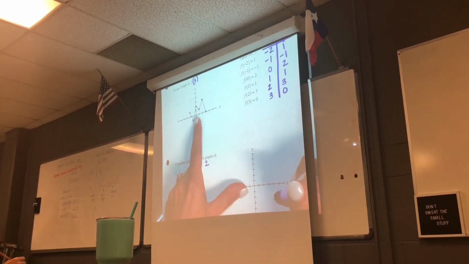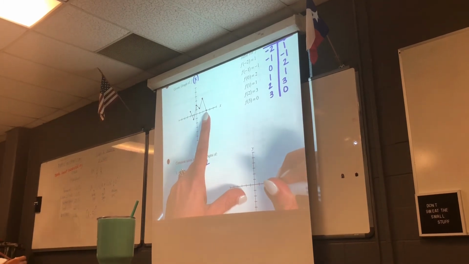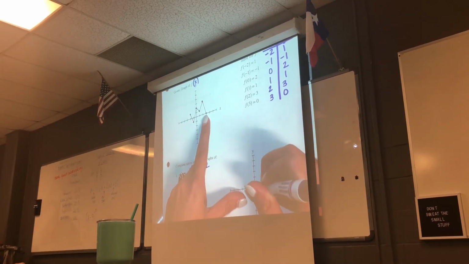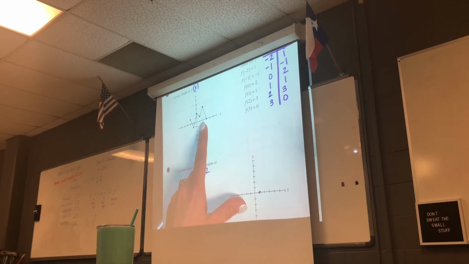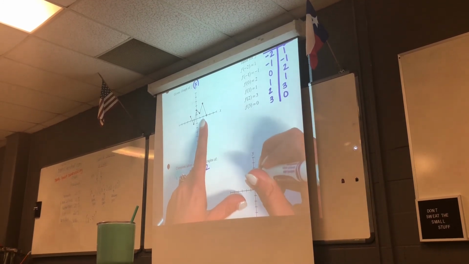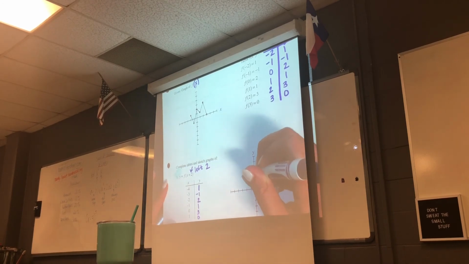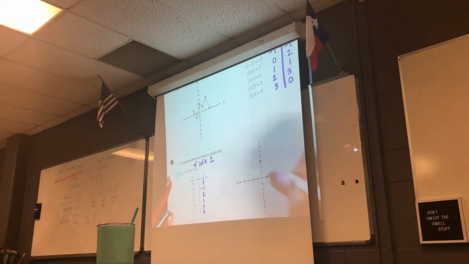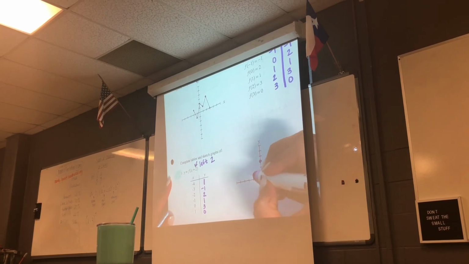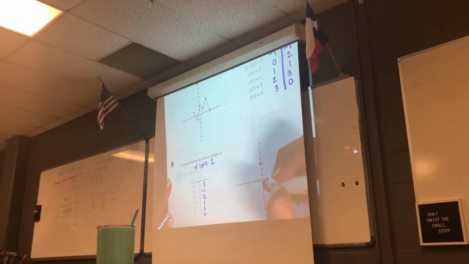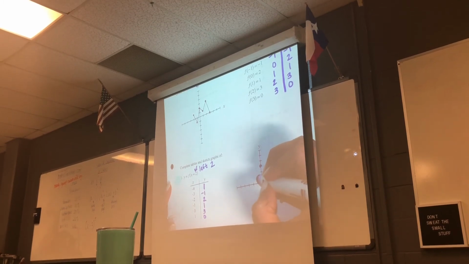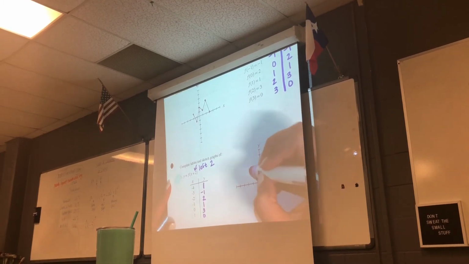So instead of being at 3, 0, this one's going to be at 1, 0. This one will be right here. Basically plot the points from your table, and then you have one. Easy peasy. It shouldn't be too hard. It's the same thing for all of these. They're just moving them a different way.